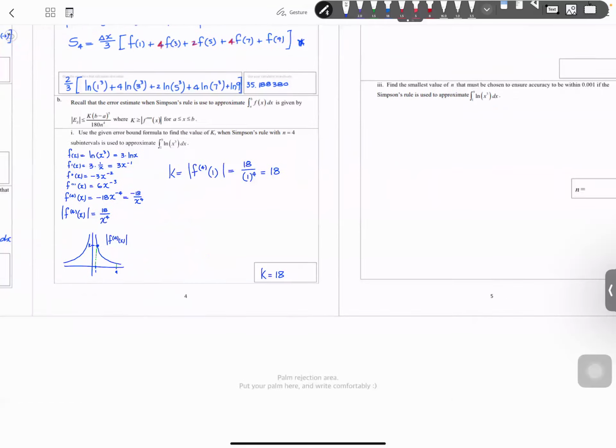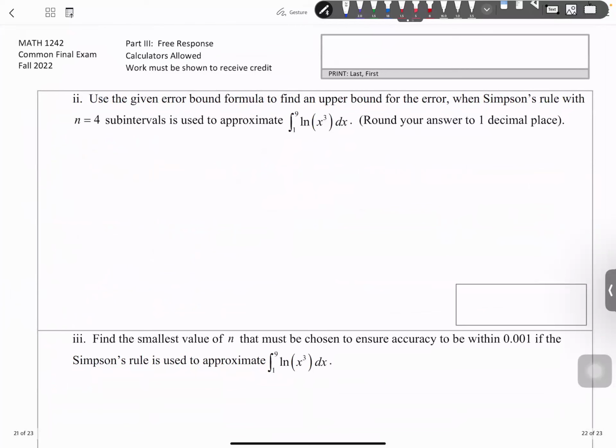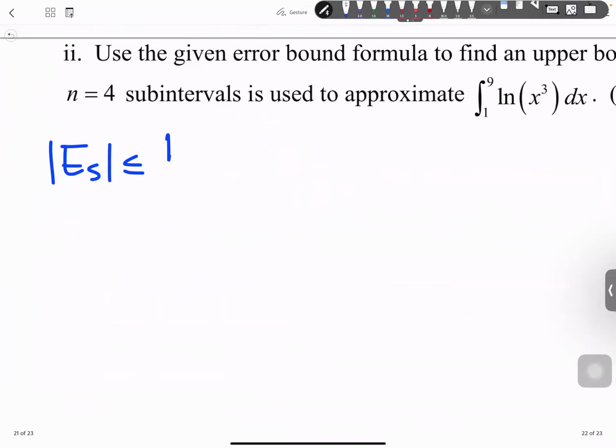The next part of the question then is, okay, so we know this. Use the error bound formula. So remember, the error of Simpson's, the formula given, is less than or equal to K times (B minus A) raised to the power of 5 over 180 n to the power 4.